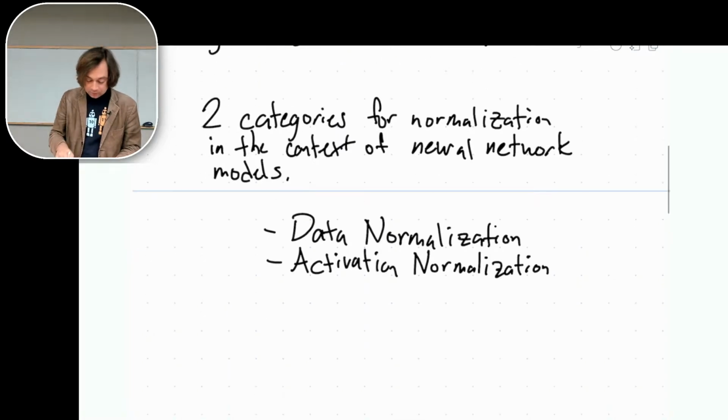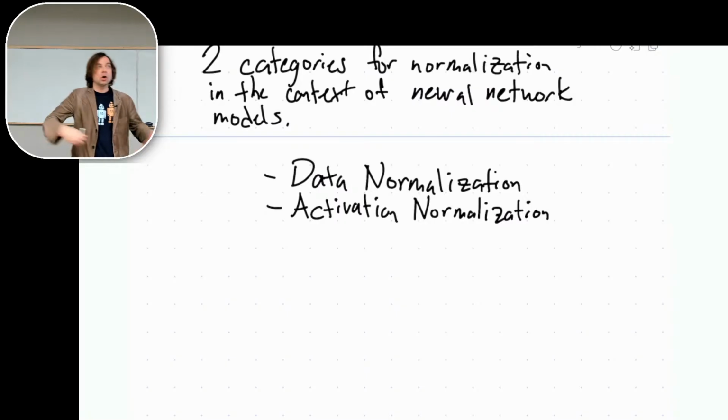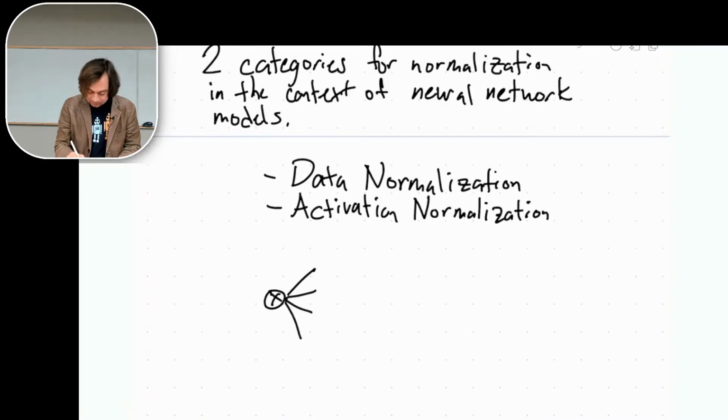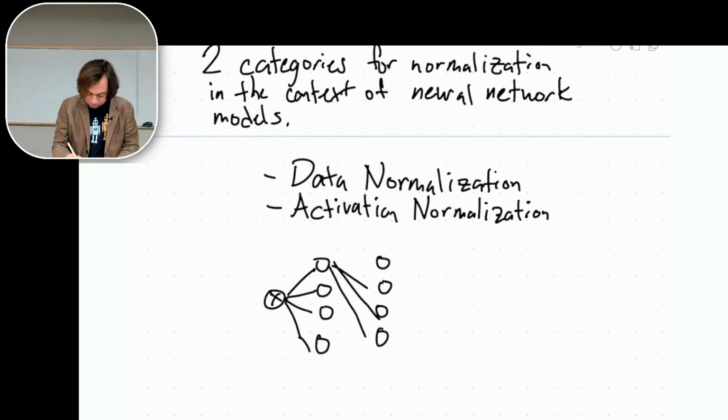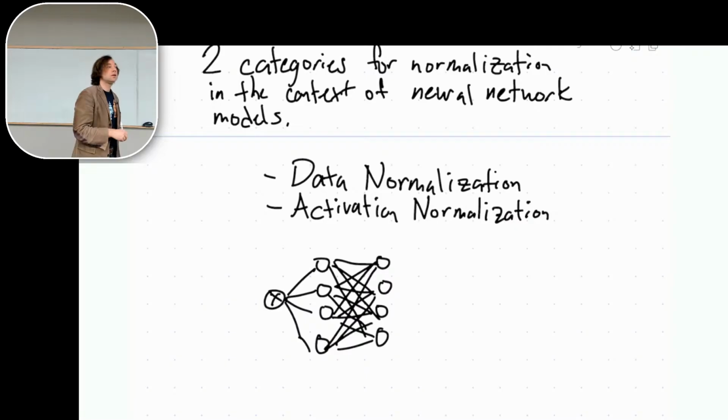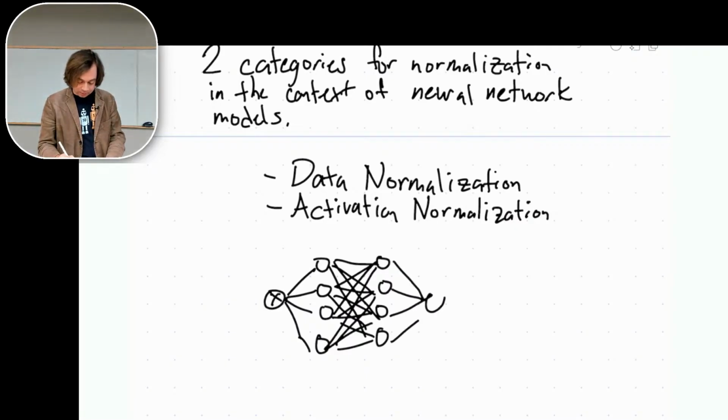Okay. So imagine we have this neural network. I'm going to draw some data X going in, some layer here, some layer here, and it all comes into some output here, output Y, right?